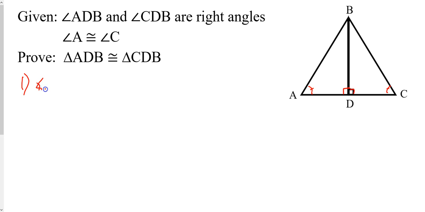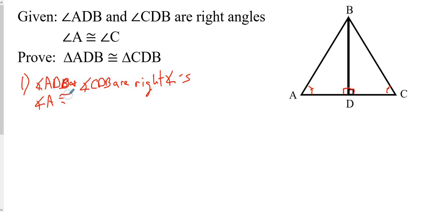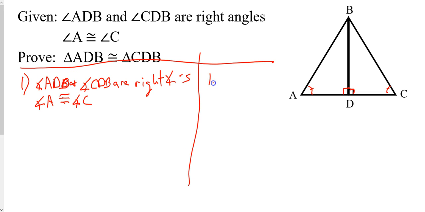Angle ADB and angle CDB are right angles. Angle A is congruent to angle C. That's given.